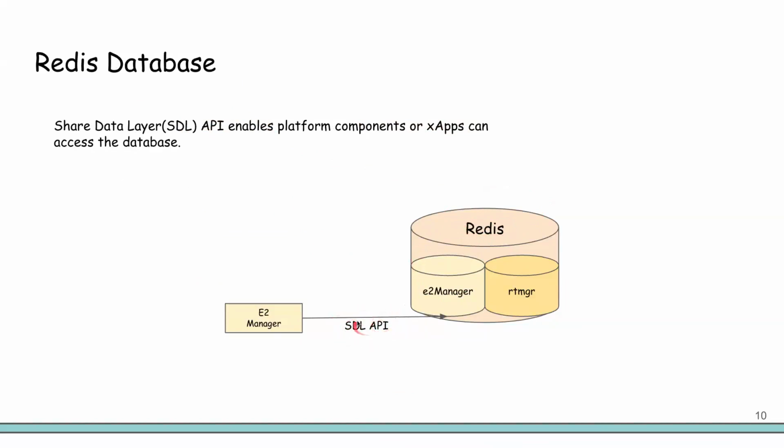If components want to communicate and access the database, the SDL, shared data layer, provides a simple way to establish the connection between the components and Redis, so they can access the database more easily. For example, E2 Manager may use the shared data layer API to access the E2 Manager database.